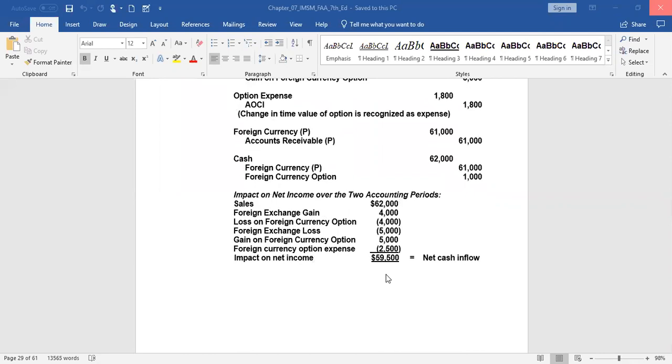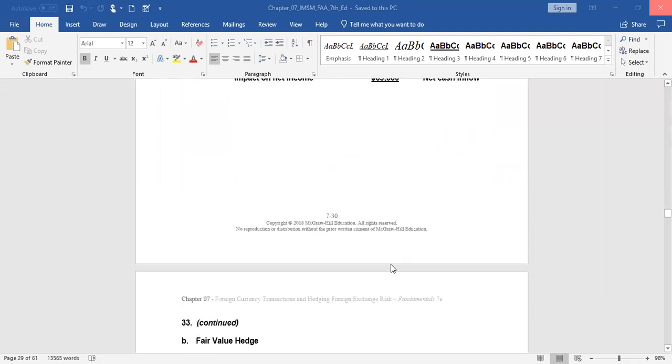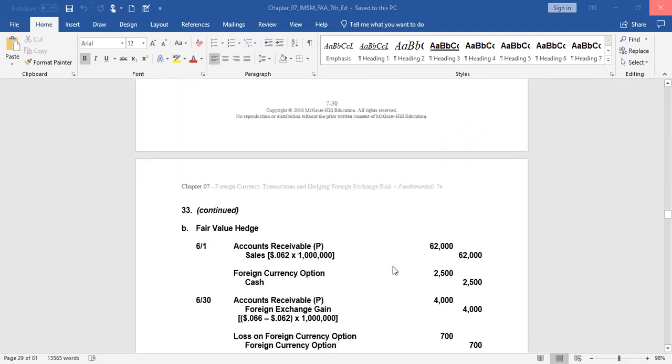It's how much you paid for the option. And instead of expensing it right up front, you expensed it over the 2-year time period based on the value of the option from the time that you bought it to the end of the year, and from the beginning of the new year to the day you cashed it in and used it. So that's when you use your option as a cash flow hedge.